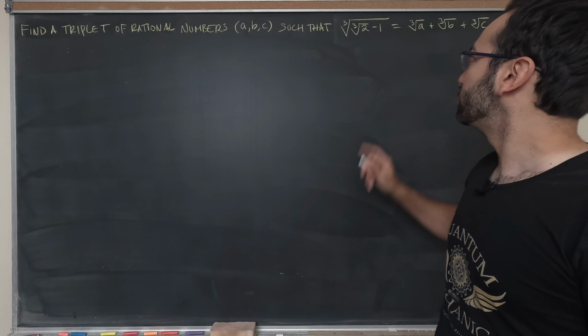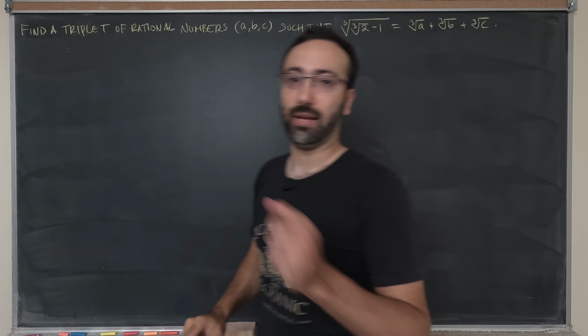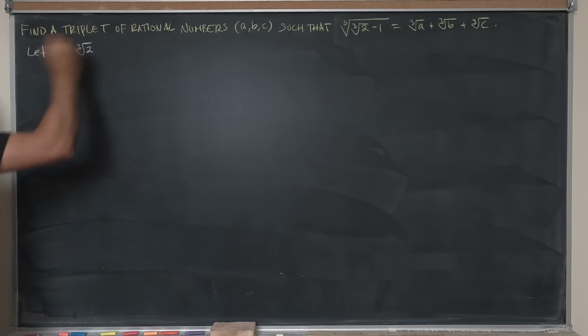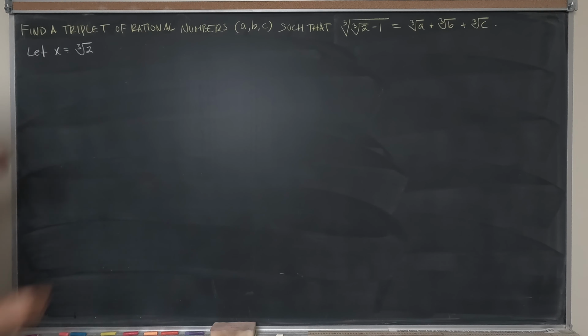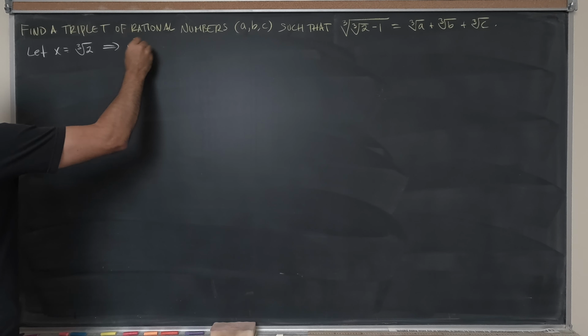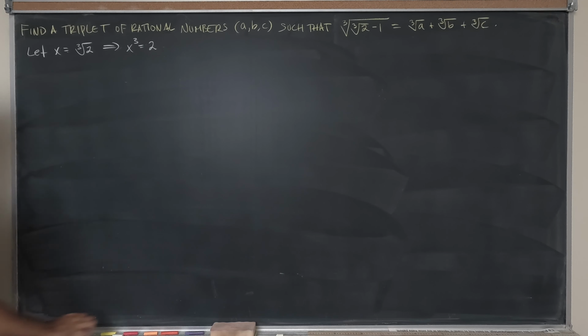The first move we'll make is to call the cube root of 2, x. We can cube both sides, and what that gives us is x cubed on the left and 2 on the right. But now there's two things we can do with this.